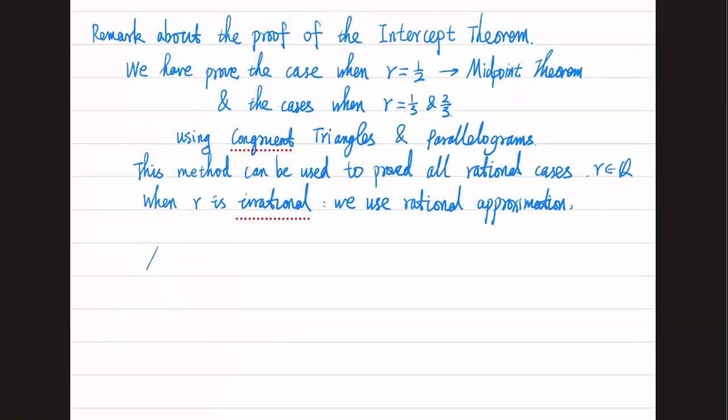Take triangle A, B, C. I draw a parallel line that intersects at E and F. So the condition is EF parallel to BC.